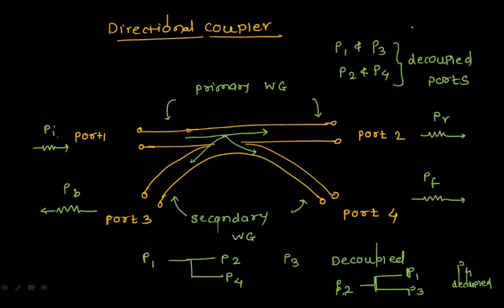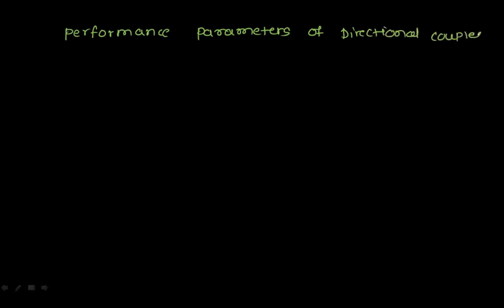Now we are going to talk about the performance parameters of the directional coupler. There are 3 performance parameters. The very first parameter is the coupling factor, which is very important.